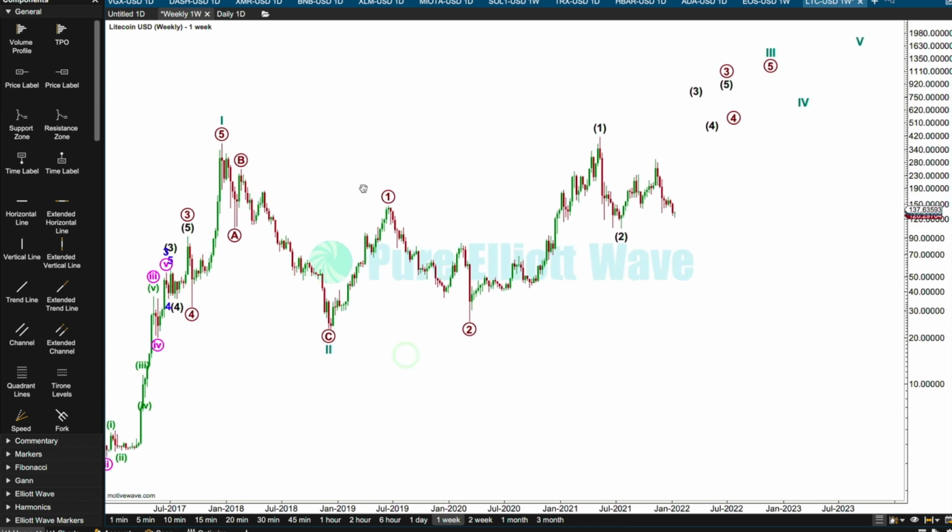And after that I'm counting 1, 2, 1, 2. Because this low for 2 is 104.32589 and this high is 146, so I can't count 1, 2, 3, 4 of any degree because 4 would overlap one price territory, so a series of 1, 2 overlapping first and second waves.